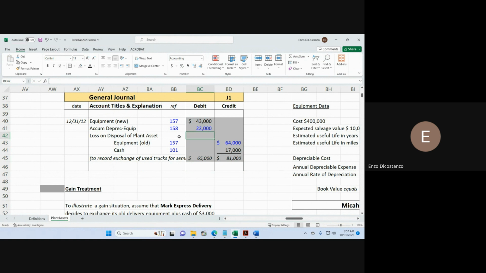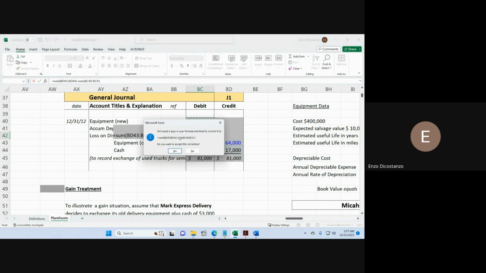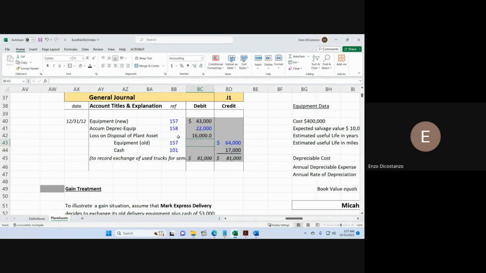So for loss, it would be 16. Okay, that's what you're trying to figure out here.